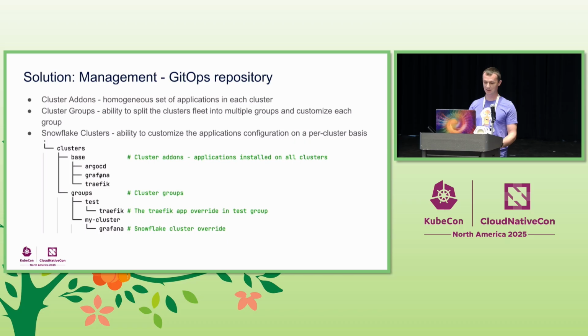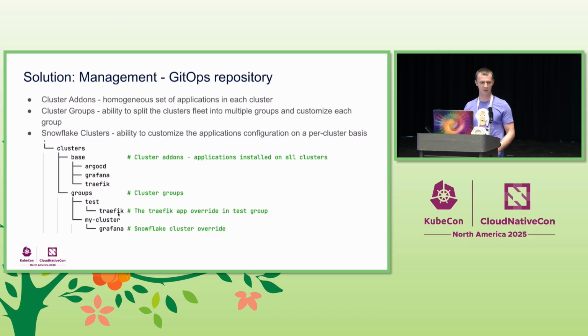And a little bit more advanced functionality of ApplicationSet is that it's also able to look at the groups directory and infer the group of a cluster from a label applied to the cluster configuration. And if it notices that there is a directory for a group that matches the cluster group, and it has a directory that matches an application that's installed on the cluster, ApplicationSet will prefer this group-specific override.